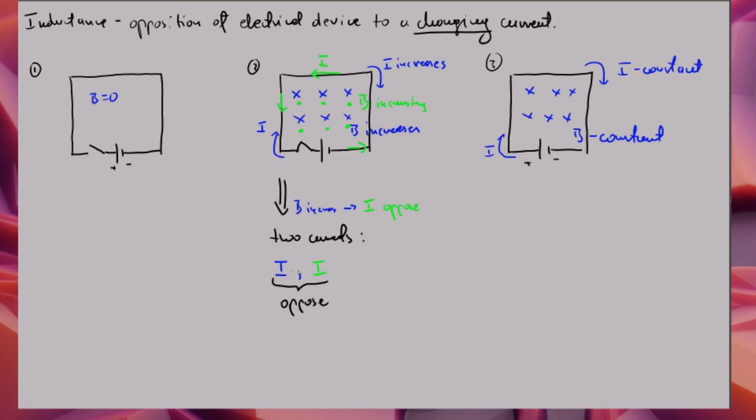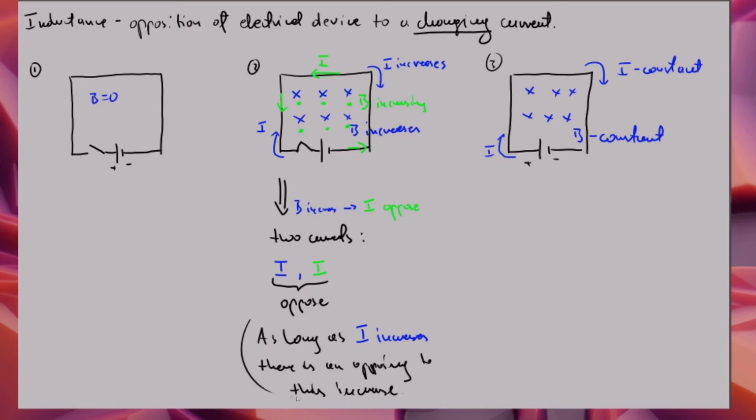So the blue and the green fields, they oppose. Therefore, as long as the blue current increases, there is an opposition to this increase.